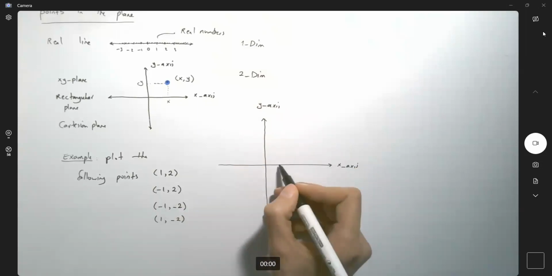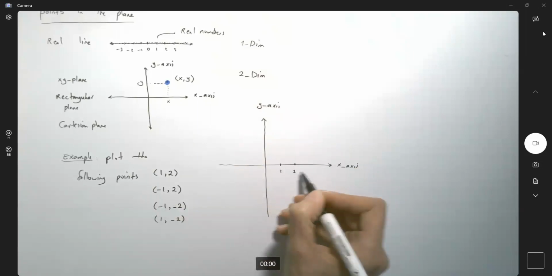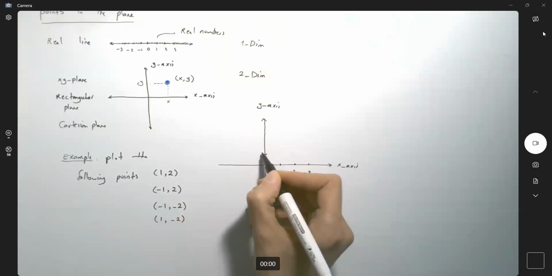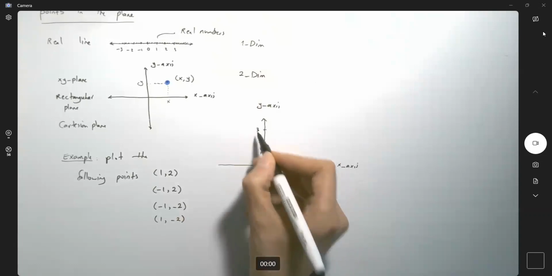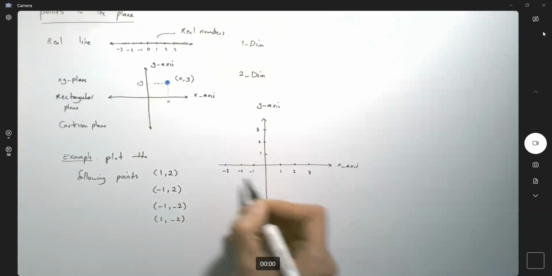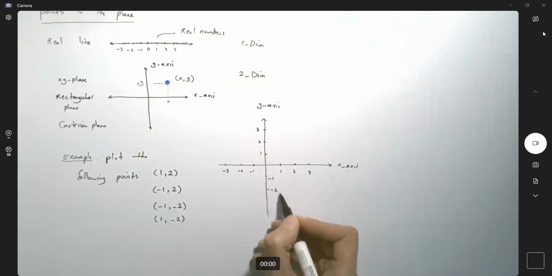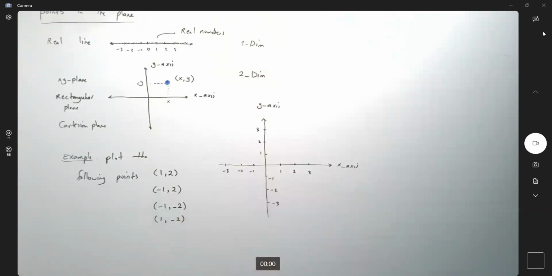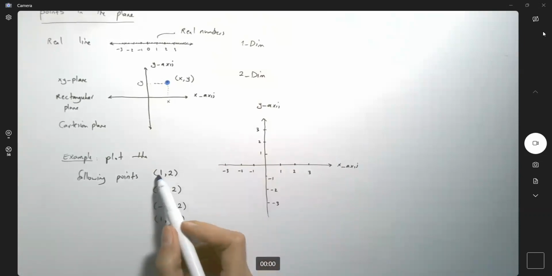The very first point is (1, 2). So you have 1, 2, 3, just some values for scaling, and -1, -2, -3.